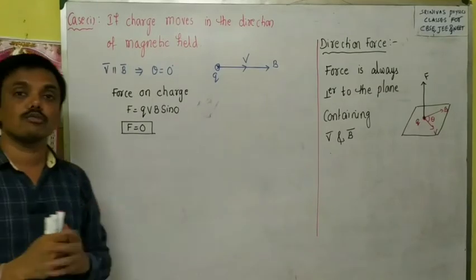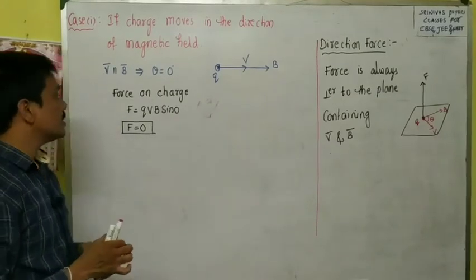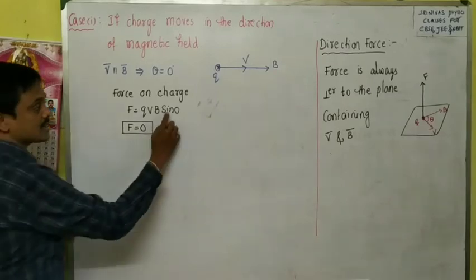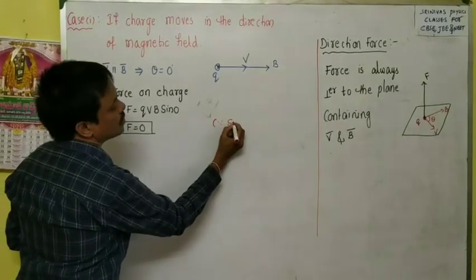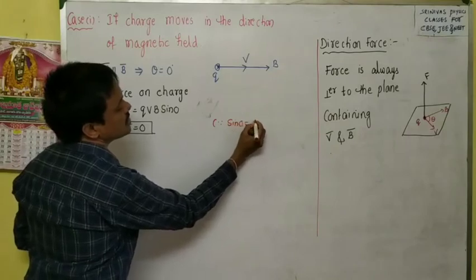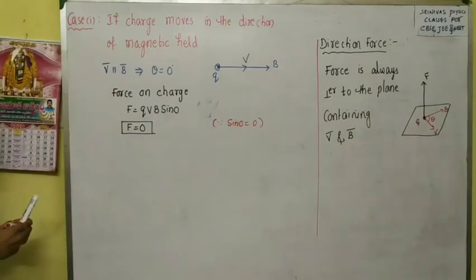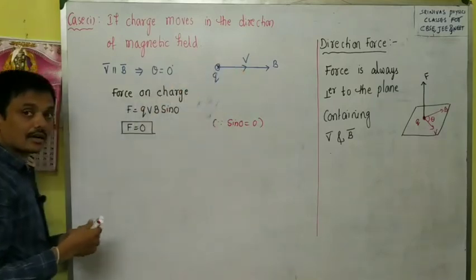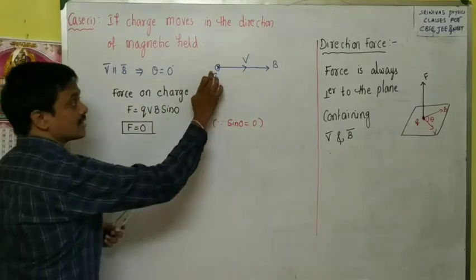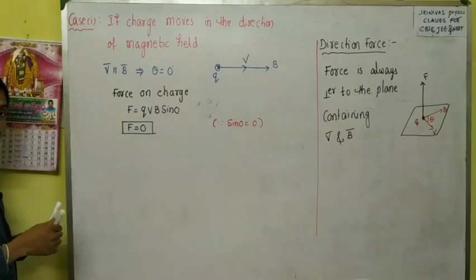If any charge moves in the direction of the magnetic field, then force does not act on it, because sin 0 is 0. If the force does not act on the charge, then the charge will continue in the same direction.